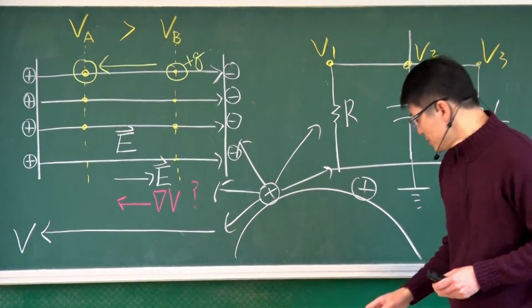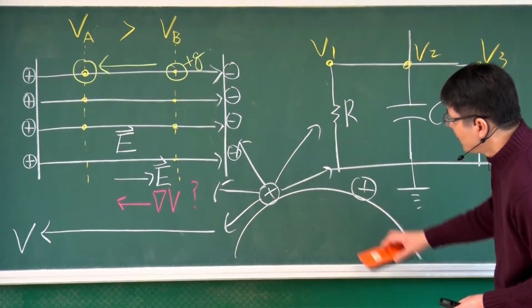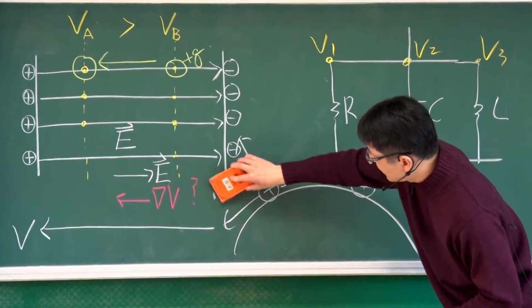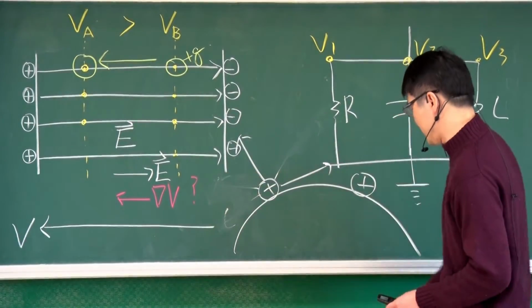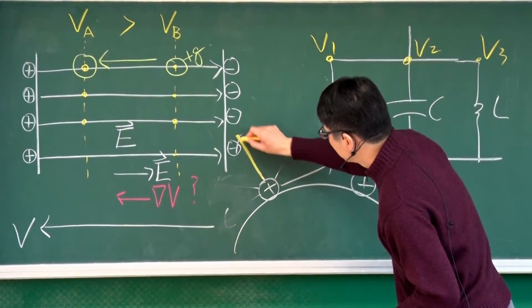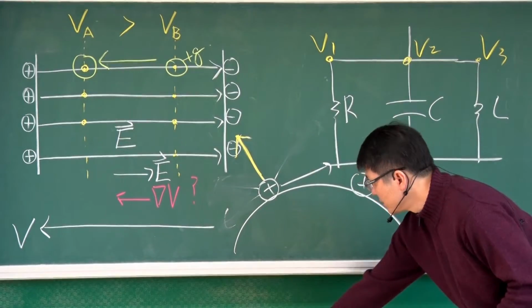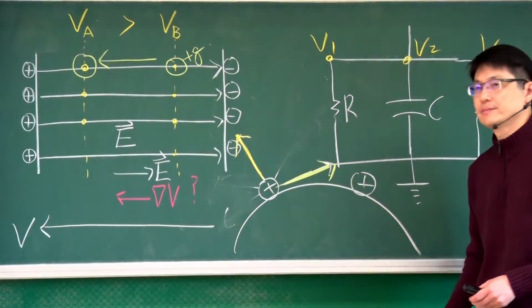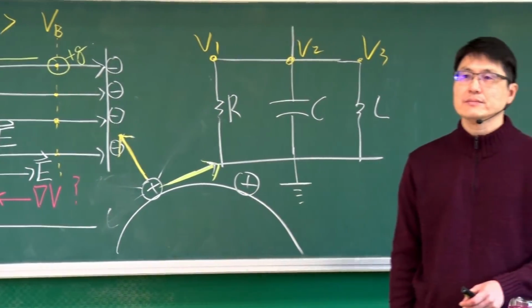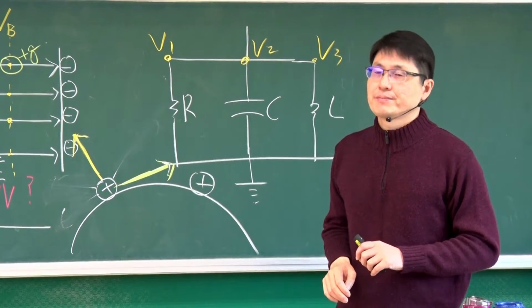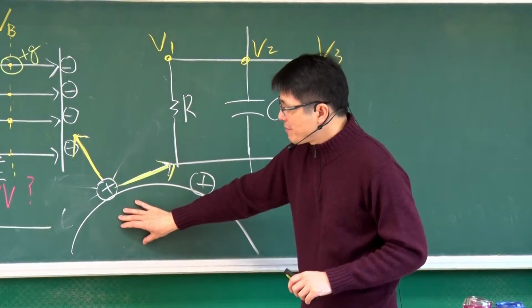Right? So think about it. Let's take a close look at only two field lines. This one and this one. Let's forget about all the other field lines. So I have a perfect metal here.